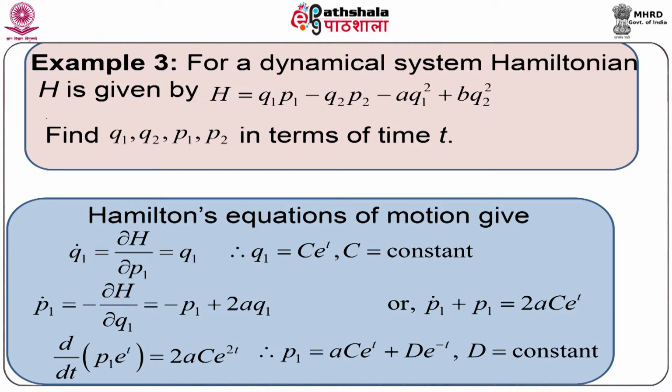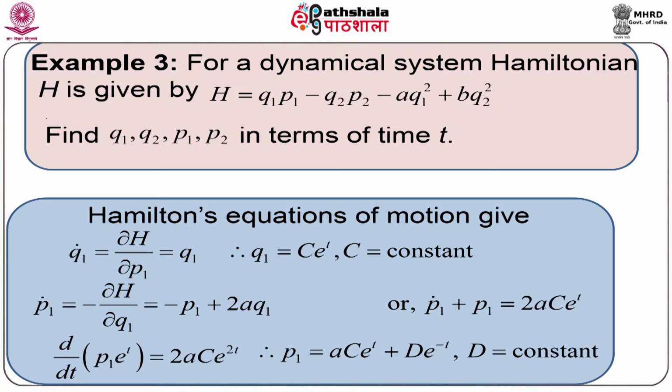Hamilton's equations of motion give Q1 dot equal to del H by del P1, equal to Q1. If we integrate this, then we get Q1 equal to C e to the power t. C is the integrating constant. Hamilton's equations are basically symmetric except for the change of sign.